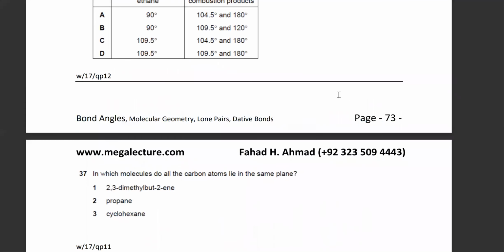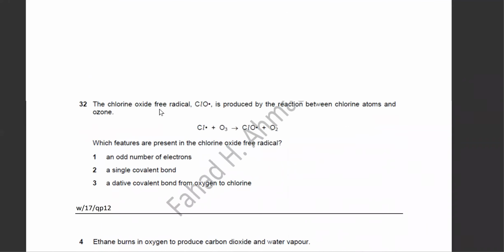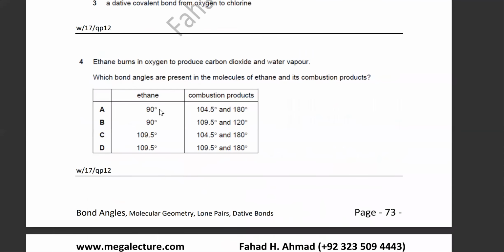Actually, this is molecular geometry and bond angles. So let's start at this point.